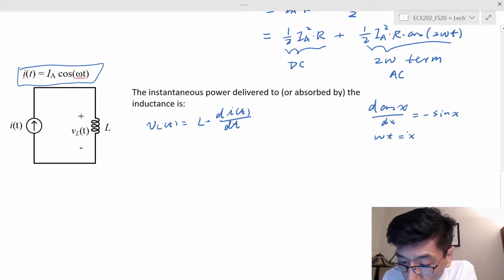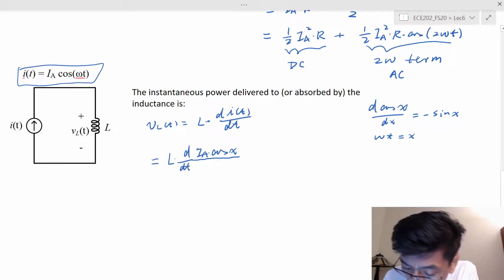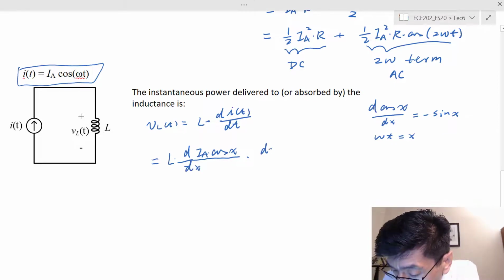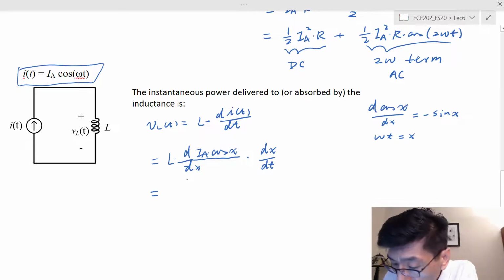So in this case, we can get L times d dt of IA times cosine x, and then we need to do the derivative of x with respect to t again. So in this case, we have negative sine x.